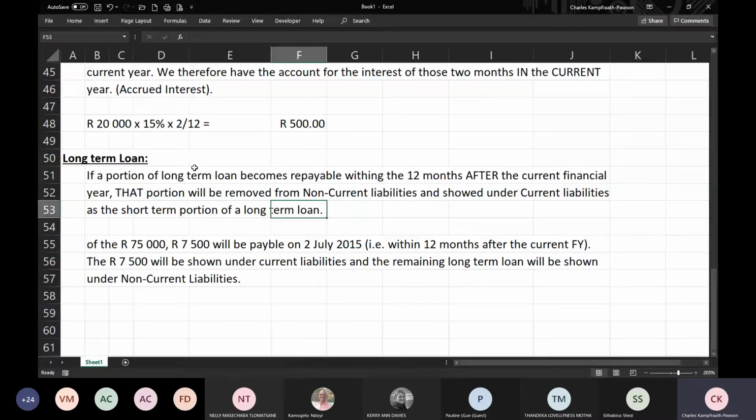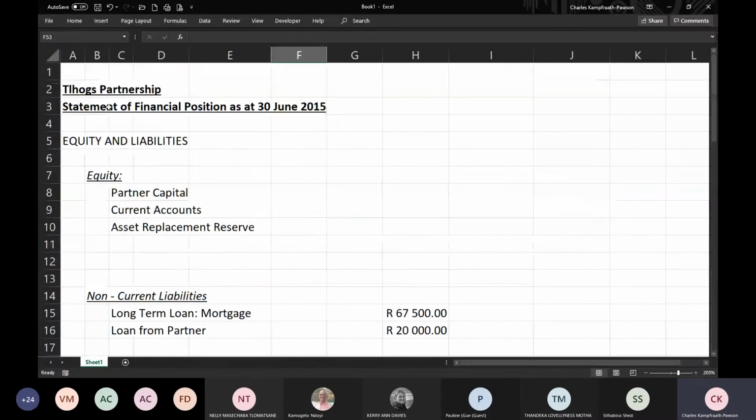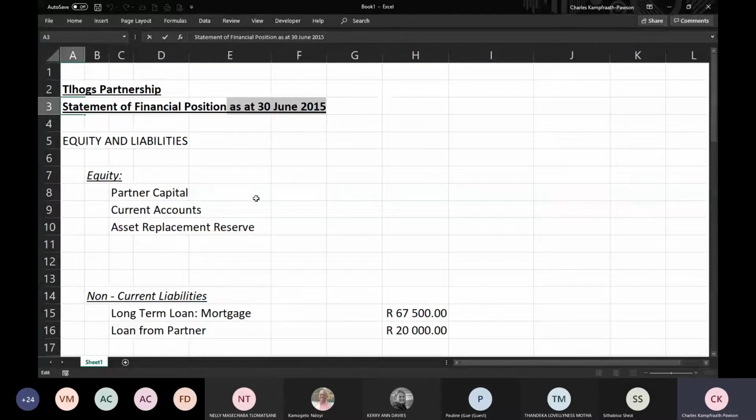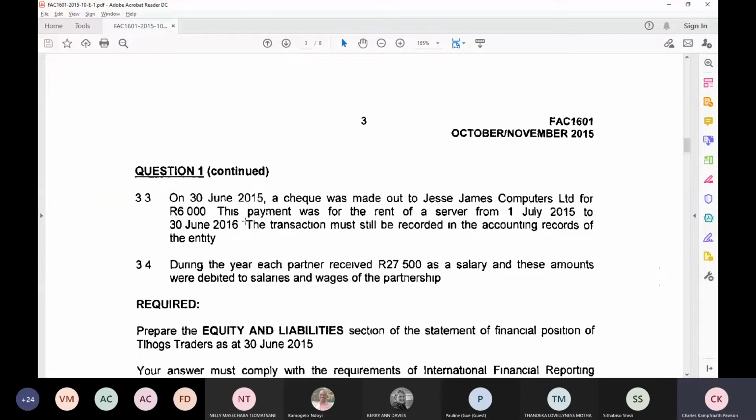What does it say? The statement of financial position as at. So if the money has already left our bank account, then there's nothing we can do about it because it's our balance as at. But they say the transaction has not yet been recorded in the accounting records of the entity. So we can assume that it hasn't been taken into account at all.